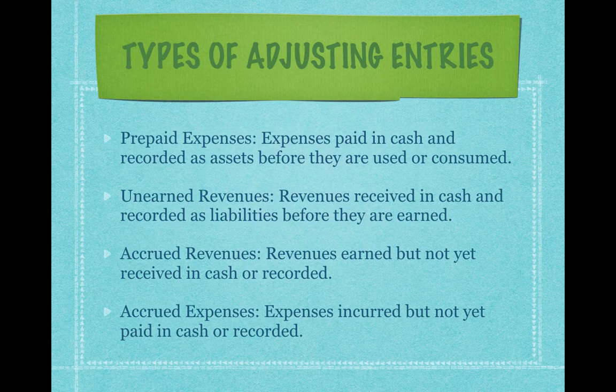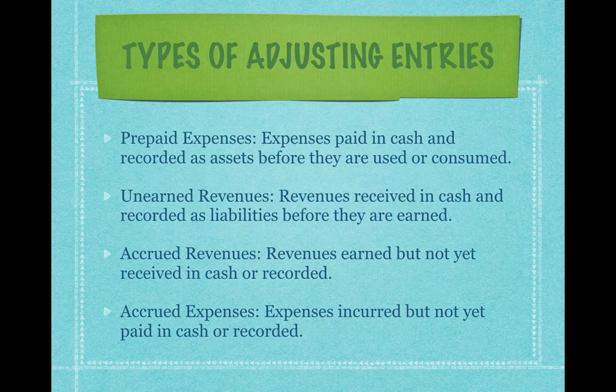Okay, let us move to the next slide. Types of adjusting entries. Adjusting entries are classified as either prepayments or accruals. Each of these classes has two subcategories. Prepayments. The first one, prepaid expenses.